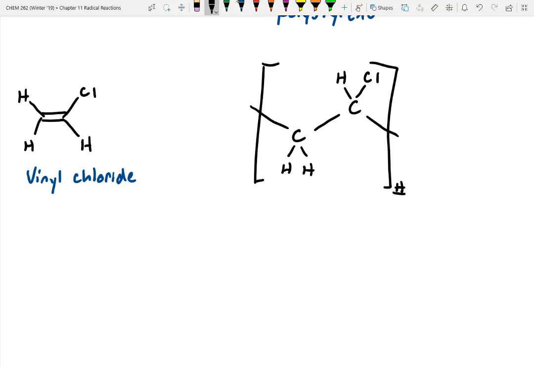So if we take vinyl chloride and we polymerize it, we get polyvinyl chloride. Does anybody know the more common name for polyvinyl chloride? PVC. So this is most commonly referred to as PVC. What's PVC found in?